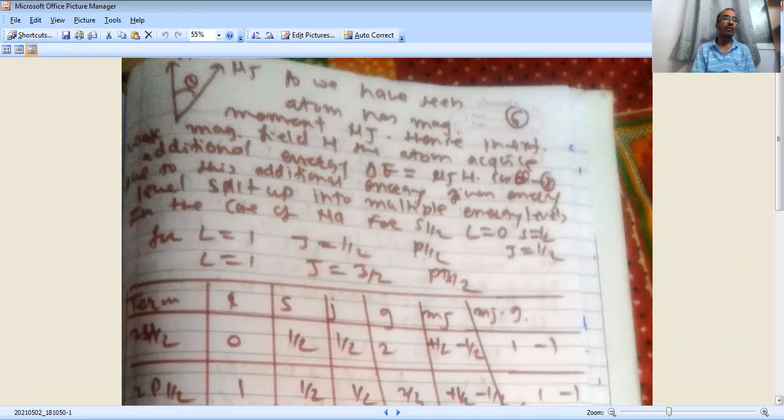Due to this additional energy, the given energy level splits up into multiple energy levels. How those multiple energy levels split up due to the application of a weak external magnetic field, we are going to see step by step.